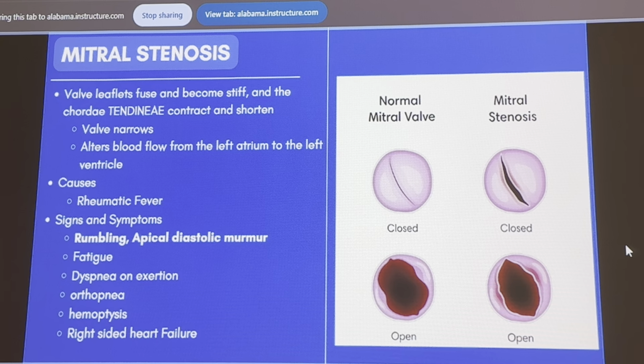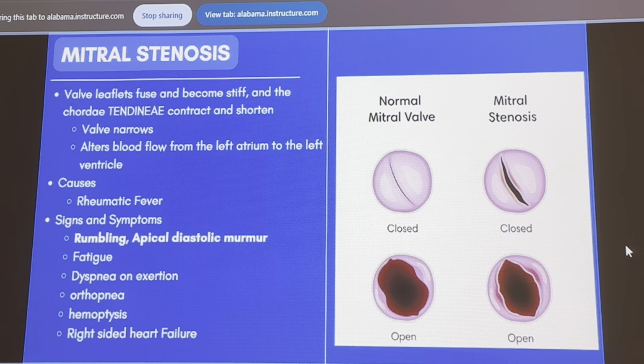So let's think about it. The mitral valve is in between the left atrium and the left ventricle. If my mitral valve is not opening up as efficiently as it should, is my blood flow going to be great between the left atrium and the left ventricle?